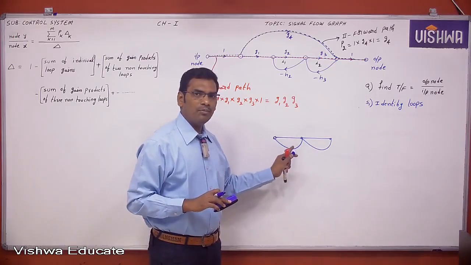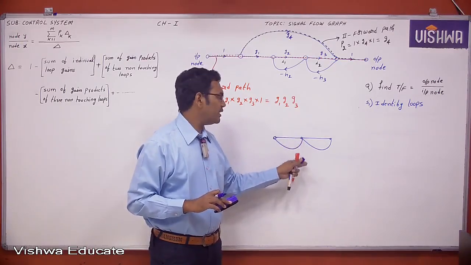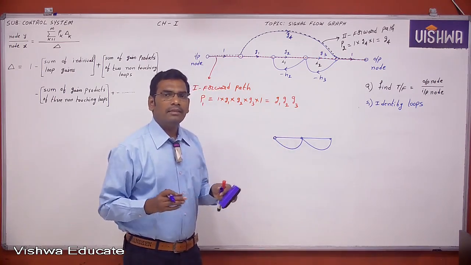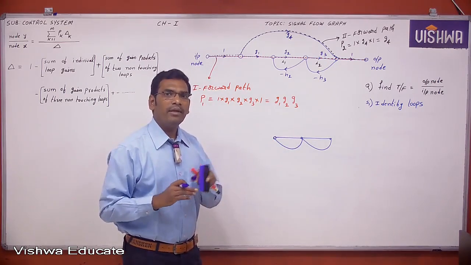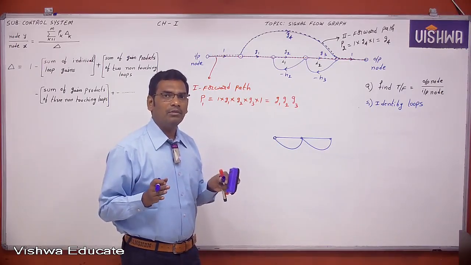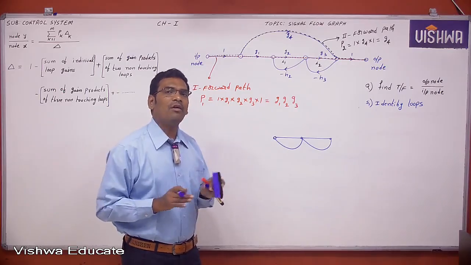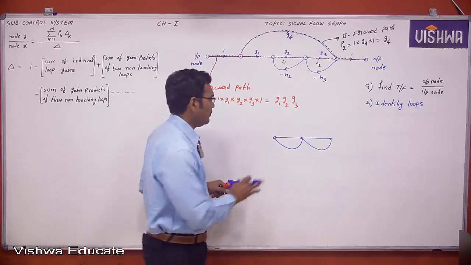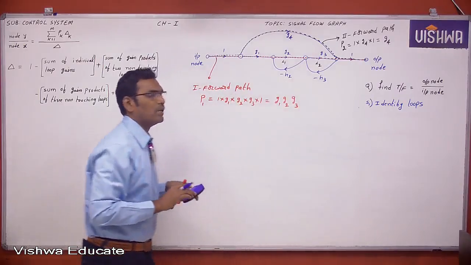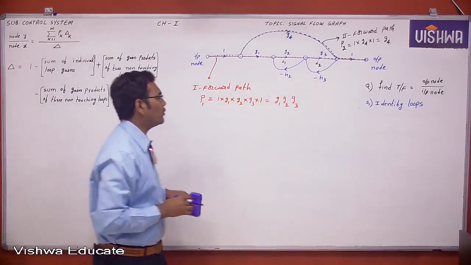This big loop is already a combination of this one loop and this another loop. So individual loops will not form a big loop. A loop should not be a combination of individual loops. So this is also not treated as a loop. Therefore, total how many loops? Loop L1 and loop L2.